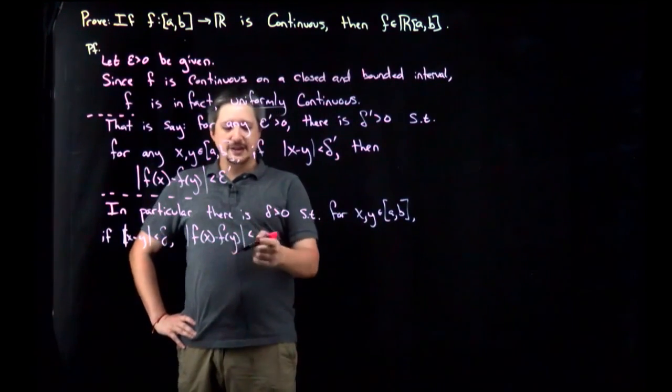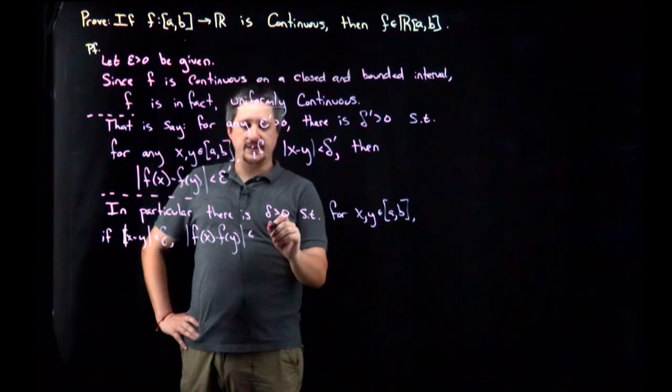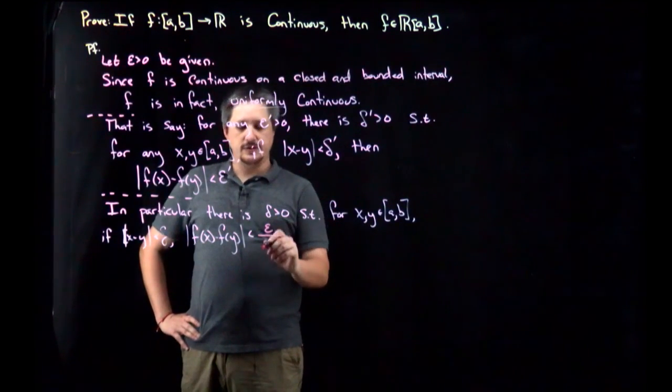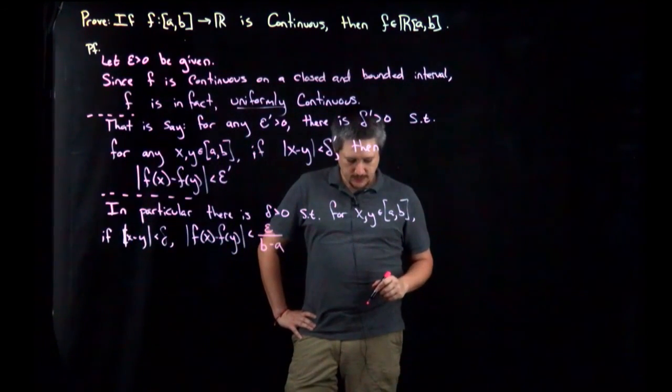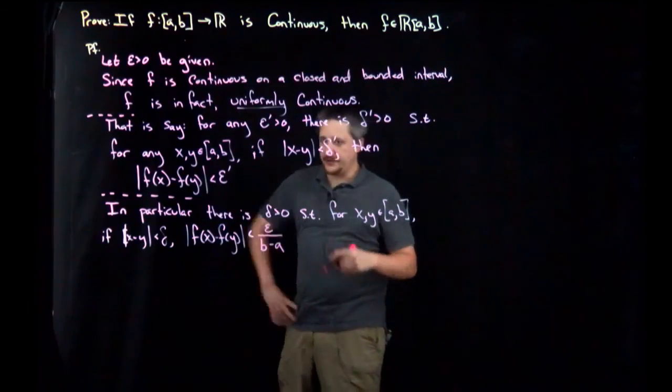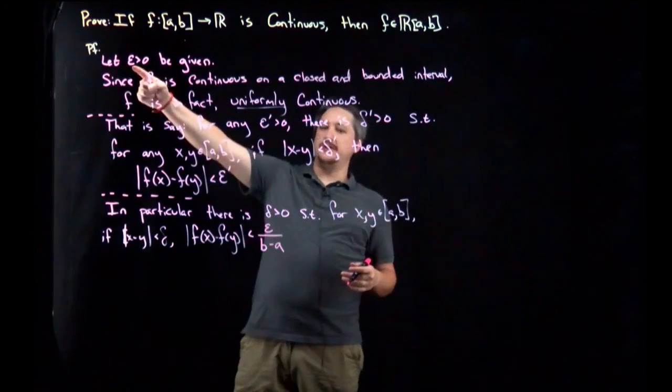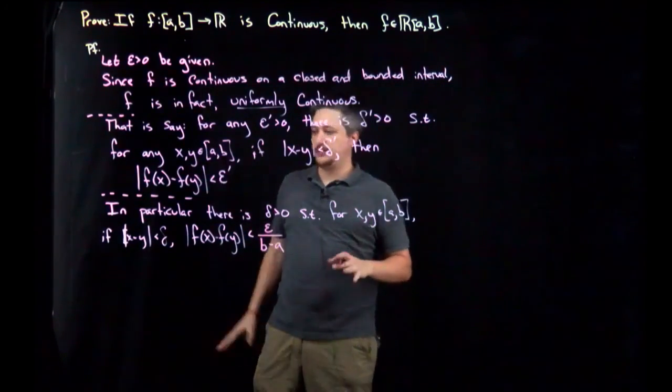So back to this. In particular, I want this to be less than epsilon over b minus a. And to be clear, this epsilon is now the one that was given, not the epsilon prime.